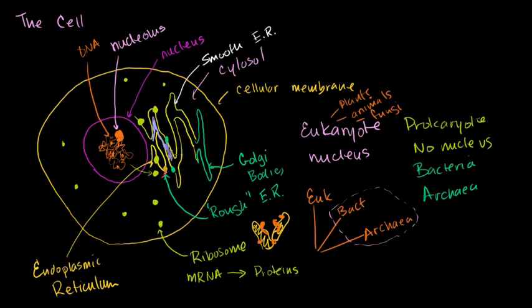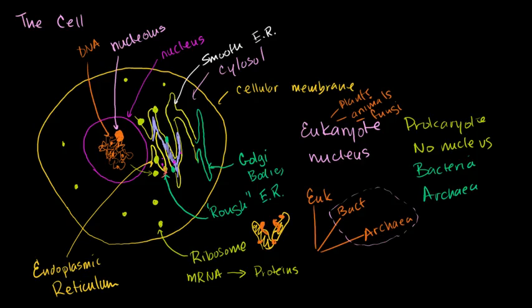So the proteins will get pushed into the endoplasmic reticulum, the ones that are to be used outside of the cytosol, outside of the cell, or maybe in the cell's membrane. So proteins will end up here. That's why those ribosomes are on the membrane, because they can translate things that end up inside of the endoplasmic reticulum. As the proteins get produced, the amino acid chain ends up inside of it.